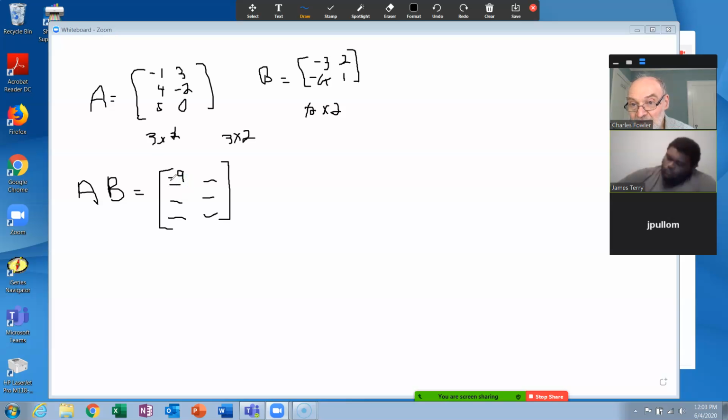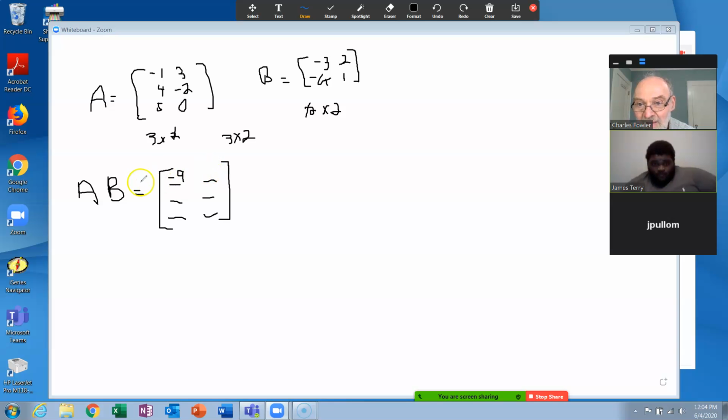The 1, 1 entry here is the product of the first row here by the first column there. Now, what's the address of this one? This entry right here. What's its address? First row, second column, right? Can you see my little pencil? Right. Okay, yeah.